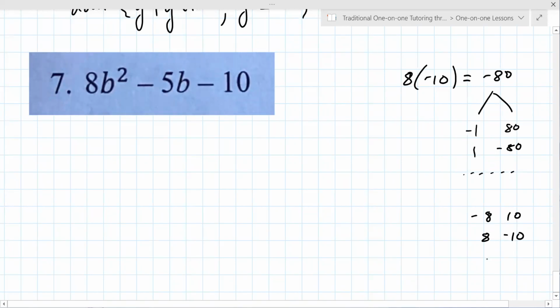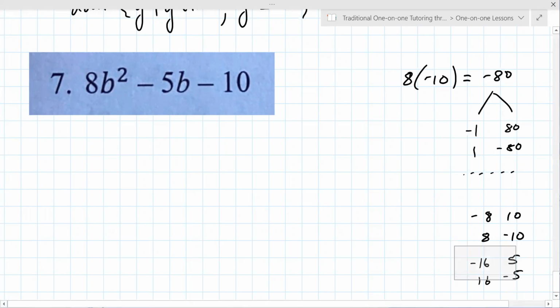What's the next one? 16 works, so -16 and 5, 16 and -5. But is there anything in between that works? Does 9 work? Does 10? Does 6 work? Does 7 work?